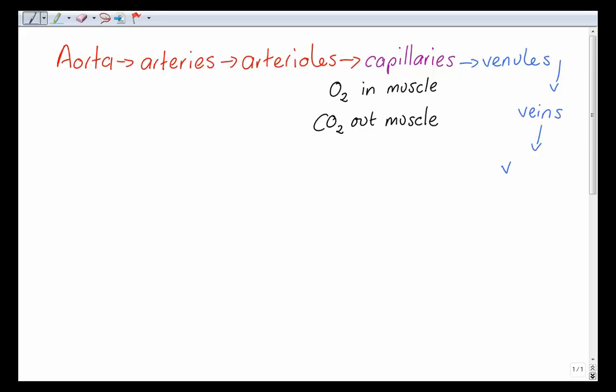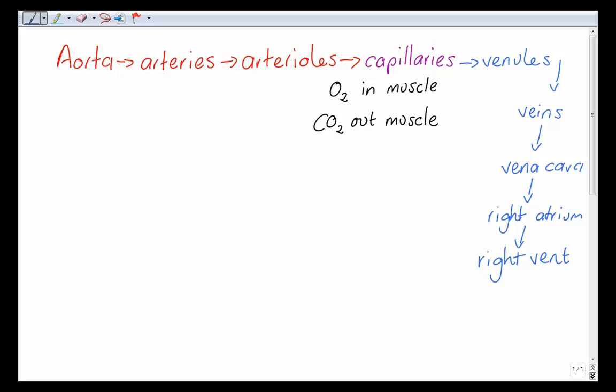Now we drop it off into the Vena Cava, and the Vena Cava will then send the blood on its way to the heart. So the right atrium and the right ventricle. I'm not including valves here, by the way, so please don't forget them when you study.